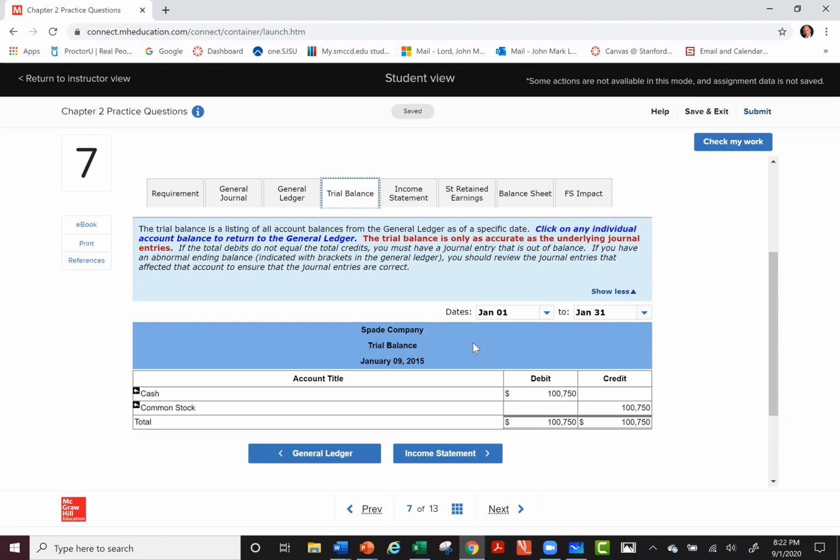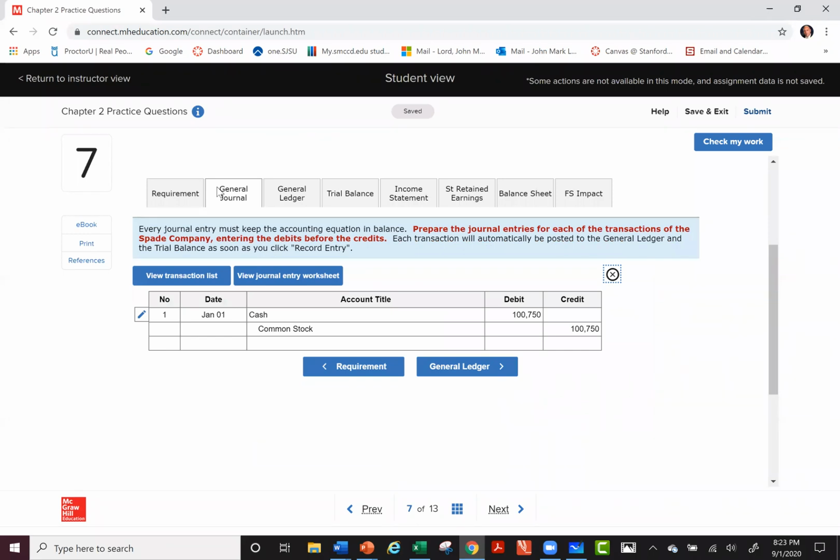For example, I might debit cash 100,750 and accidentally credit common stock for 570. People used to make that kind of mistake all the time, transpose numbers. That doesn't happen anymore when you use general ledger software, because the software will have something called an internal control, a preventative control that won't accept an entry if the debits don't equal the credits.